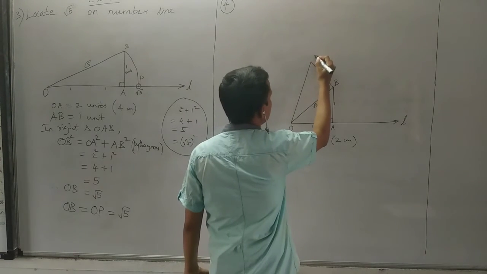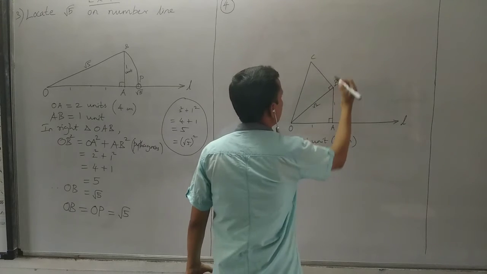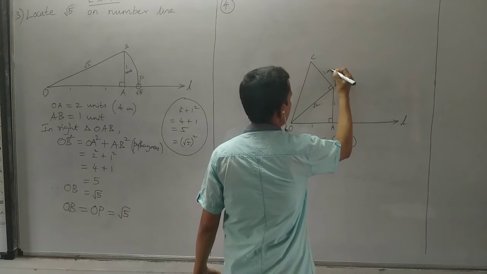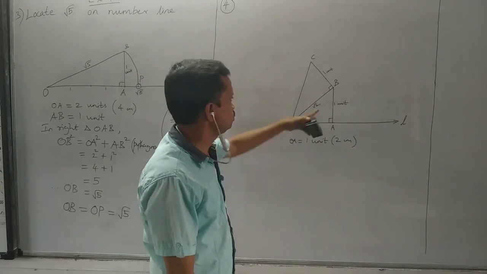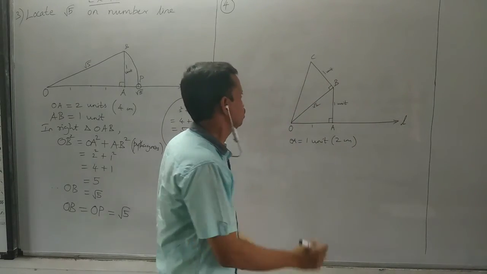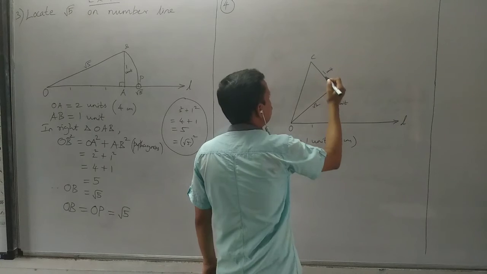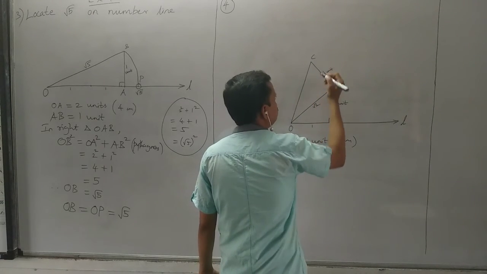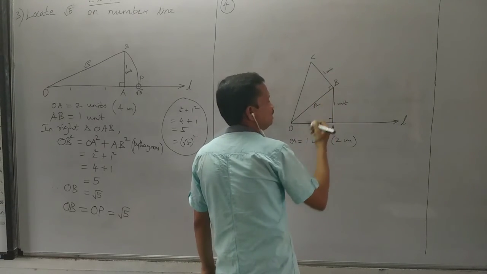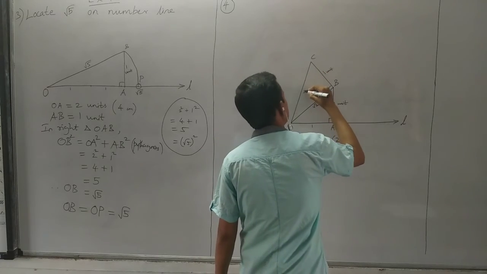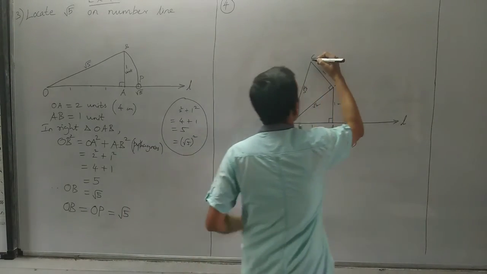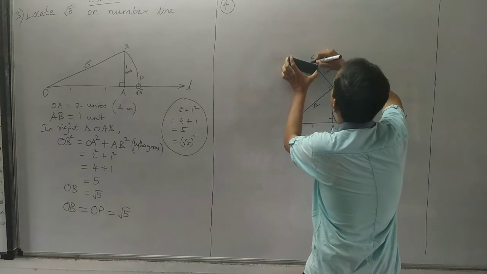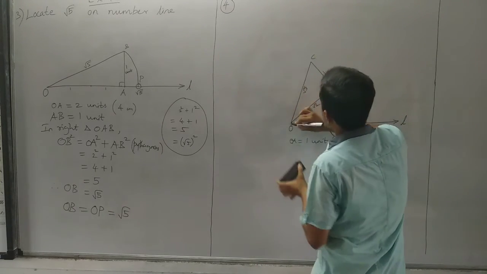Here, let it be C, and this is also a perpendicular, 1 unit distance you have to take. All these are 1 unit only. Is it clear? So this will be root 2 and this is 1. If you apply Pythagoras you get OC as root 3. Is it clear? And again at C you take the perpendicular, perpendicular to this OC.